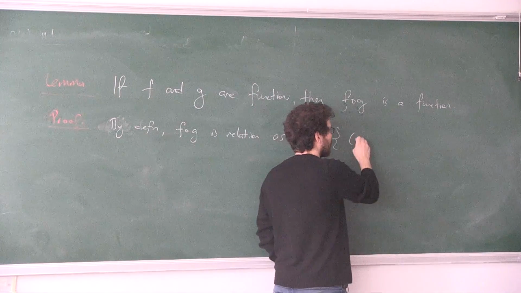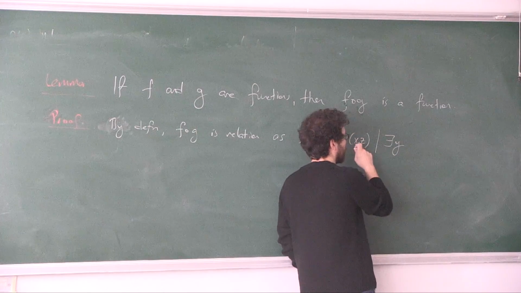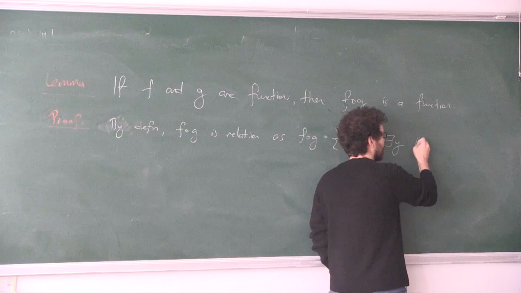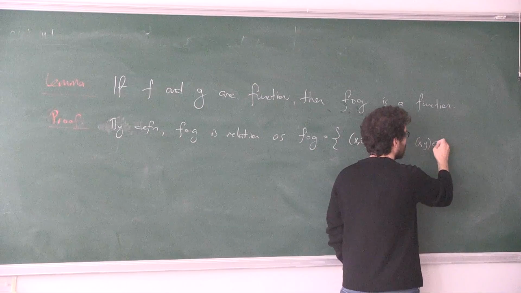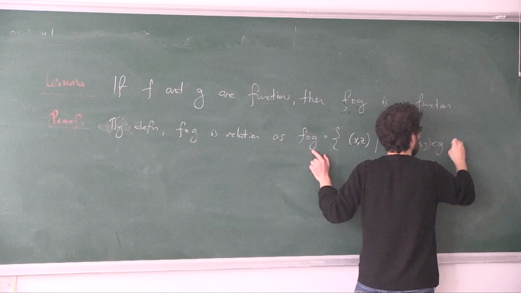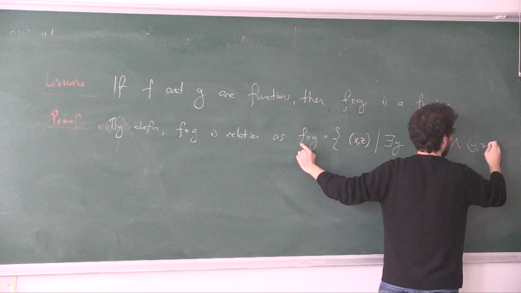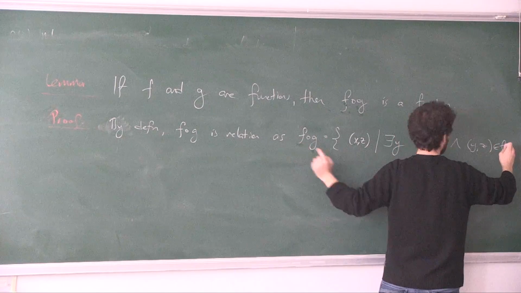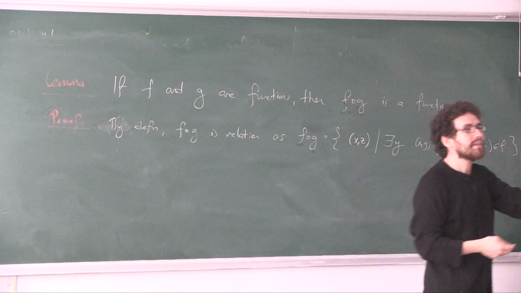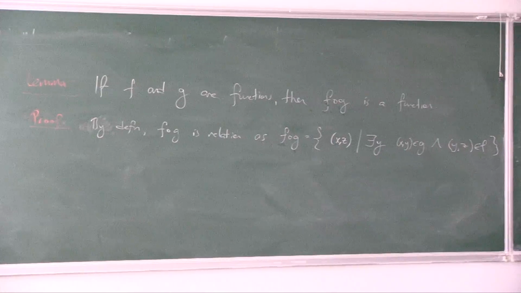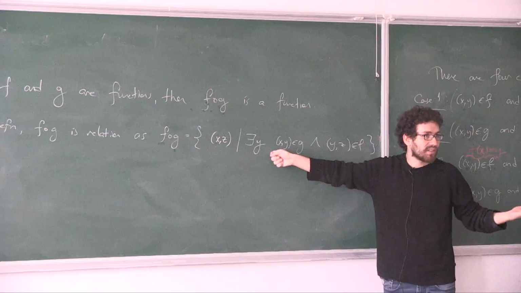This is the set of all ordered pairs such that there exists some element satisfying the following property: x is mapped to this element under the first function, and this element is mapped to the second one under this function. A relation is a set of ordered pairs. Is this a set of ordered pairs? Yes, so this is a relation.